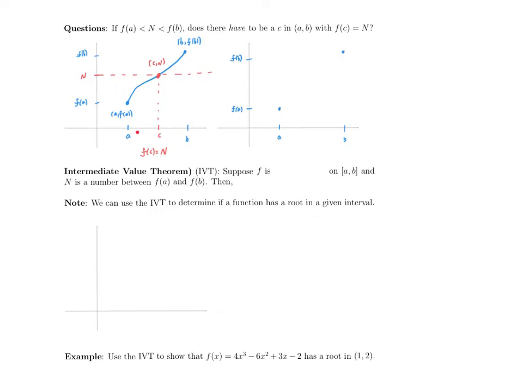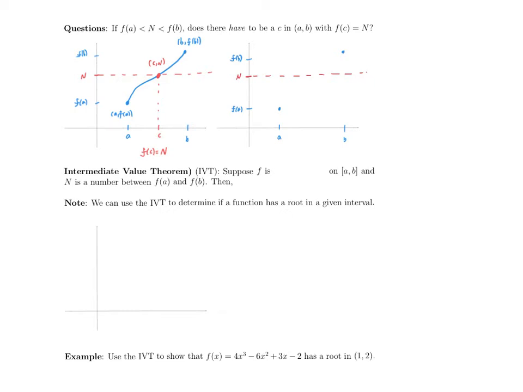Well, there certainly can be, but could you draw another picture of the graph of a function where you do not have to cross that line? And this is the time to do that. Pause the video, take 30 seconds. And hopefully you've done so.